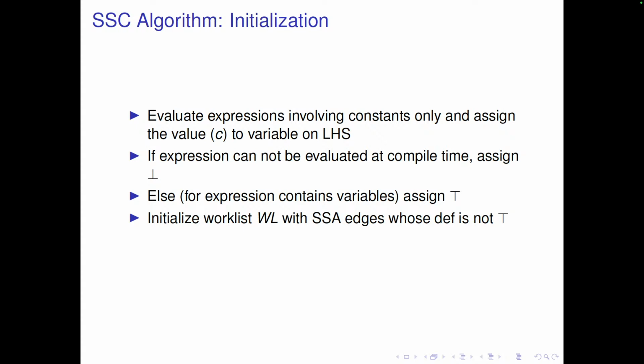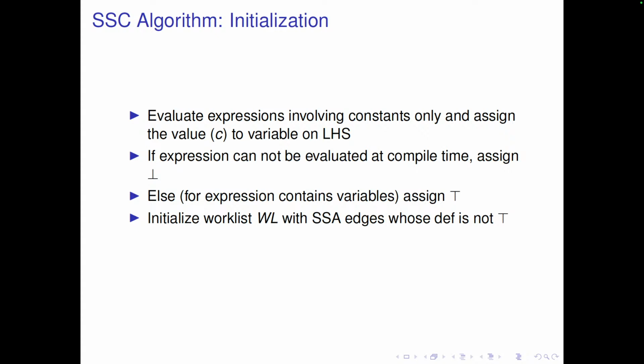This is a problem with classic data flow analysis: even if you don't know about something, you have to carry it around. Here you only start with known information, something which you have been able to figure out, and propagate it. That will create new such information, which you propagate further. So you only do the work which is necessary. You initialize with SSA edges where you have been able to find a constant, or you are able to say this is definitely not a constant.